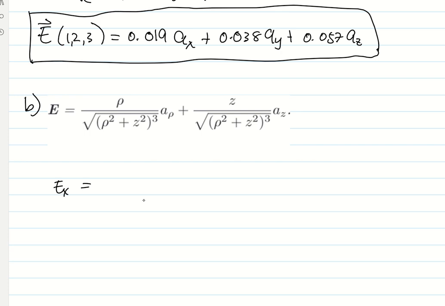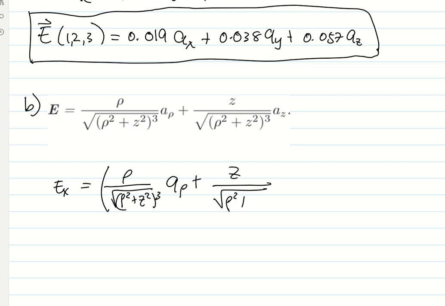EX will be equal to this vector, rho over the square root of rho squared plus z squared cubed in the rho direction, plus z all over rho squared plus z squared cubed in the z direction. Then we take the dot product because we're solving for EX. We dot it with AX.